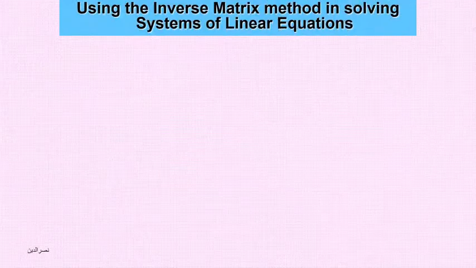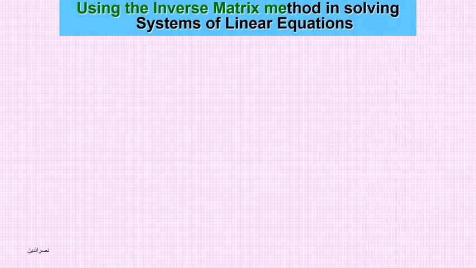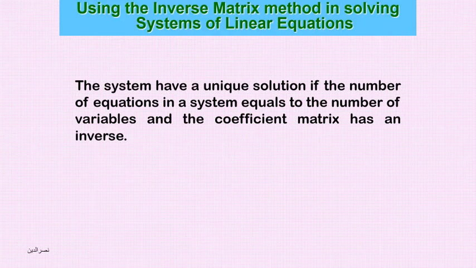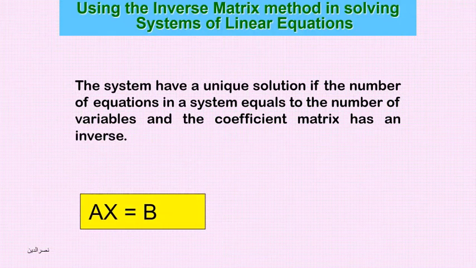Using the inverse method in solving a system of linear equations. The system has a unique solution if the number of equations in a system is equal to the number of variables, and the coefficient matrix has an inverse.